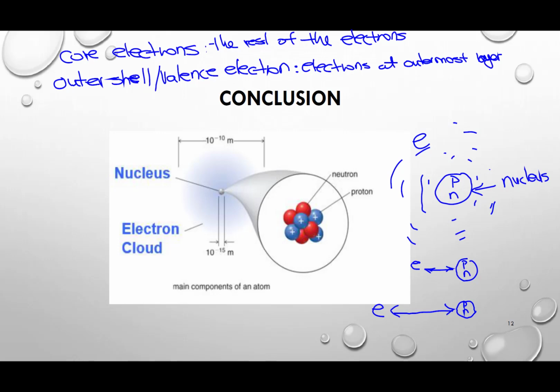But it is those valence electrons that we could touch. The further the valence electron is from the nucleus, the larger the size. Different elements on the periodic table have different valence electrons. That's why the size is different. The elements on the periodic table do not have the same size.